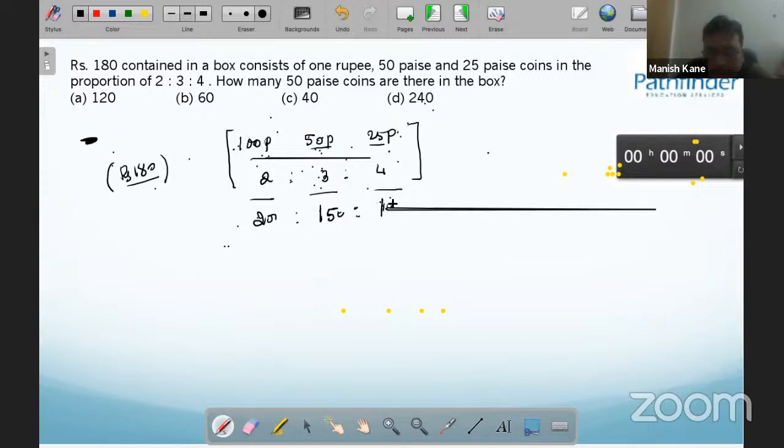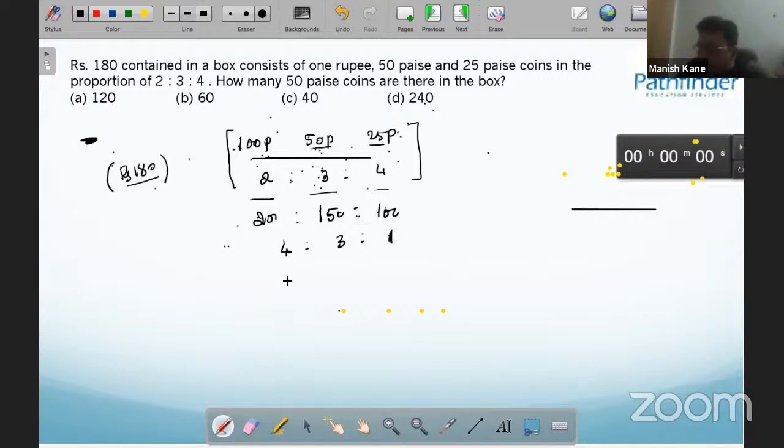So the ratio of amounts in the form of 1 rupee coin, 50 paisa coin, or 25 paisa coins is 200 as to 150 as to 100, which can further be reduced to 4 as to 3 as to 1.